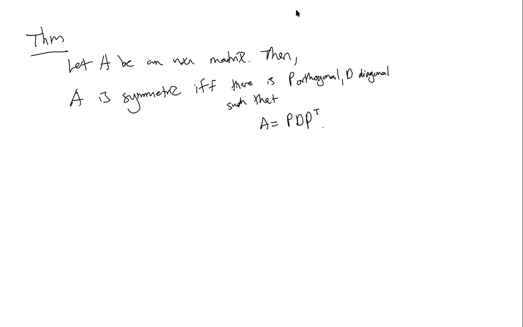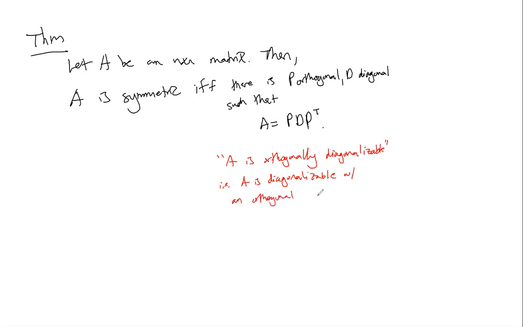Right, so when we say A is orthogonally diagonalizable, it means it's diagonalizable, but not only that, when you diagonalize it, its eigenvectors are orthogonal, i.e. A is diagonalizable with an orthogonal basis of eigenvectors.